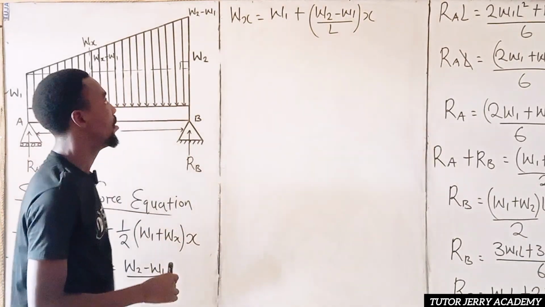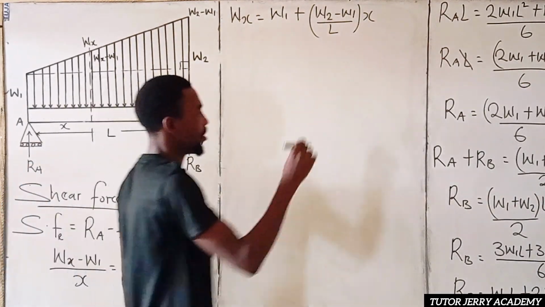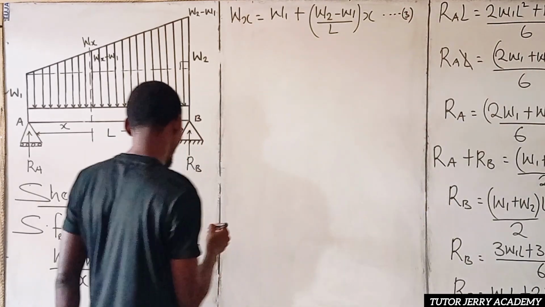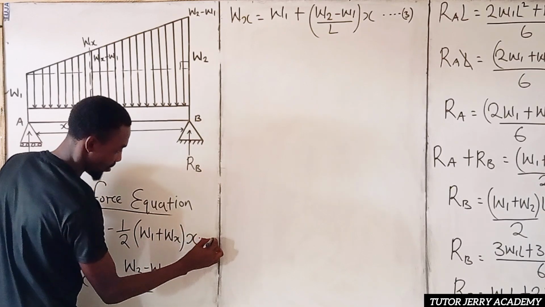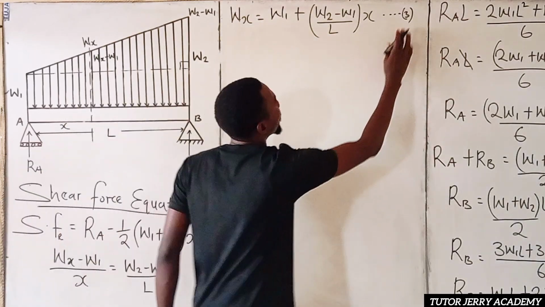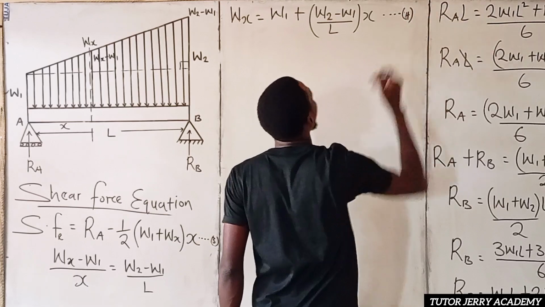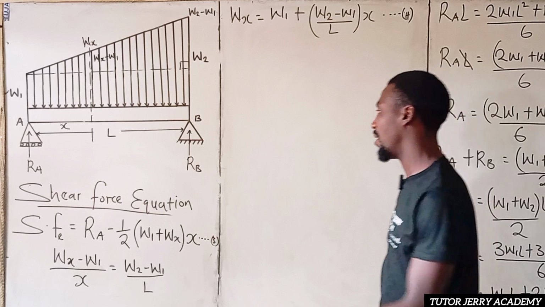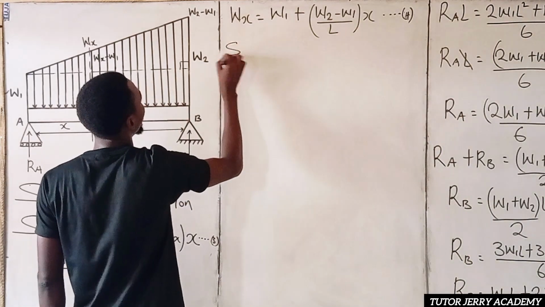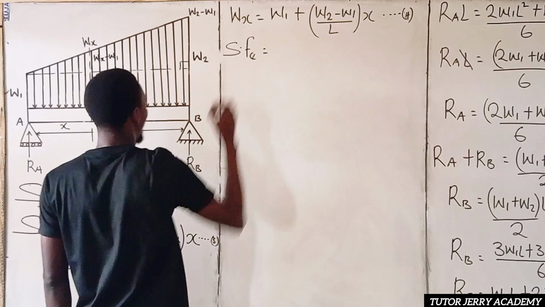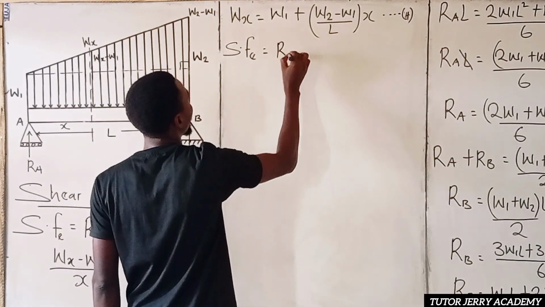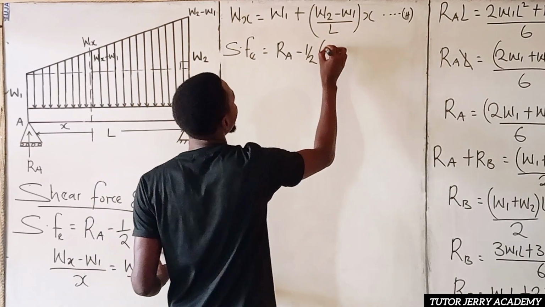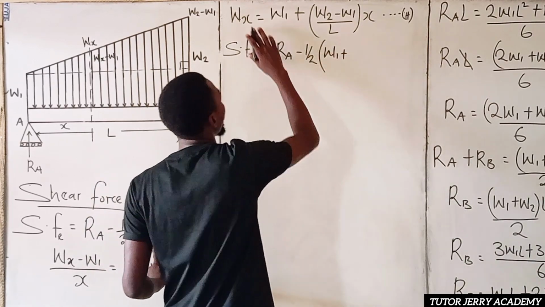So now we can therefore substitute. Let's call this equation 3, and let's call this equation 4. So now we can therefore substitute equation 4 into equation 3. Our shear force equation will be equal to RA minus half into W1 plus WS, which is everything that we have here.